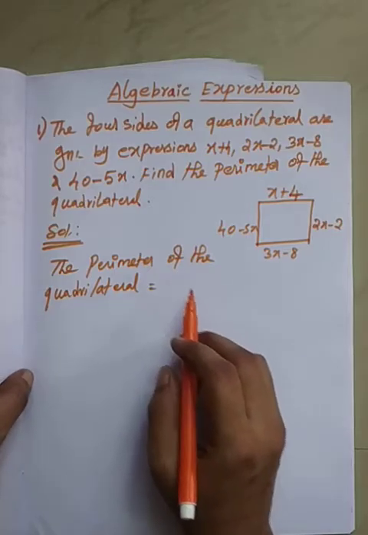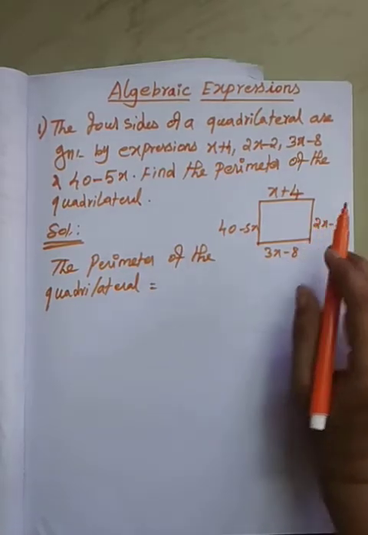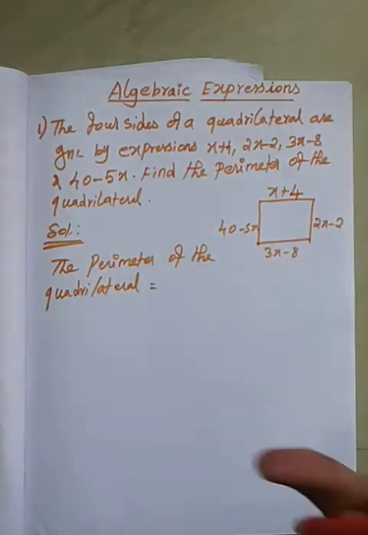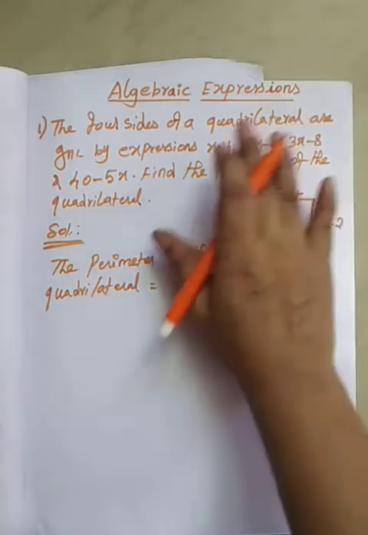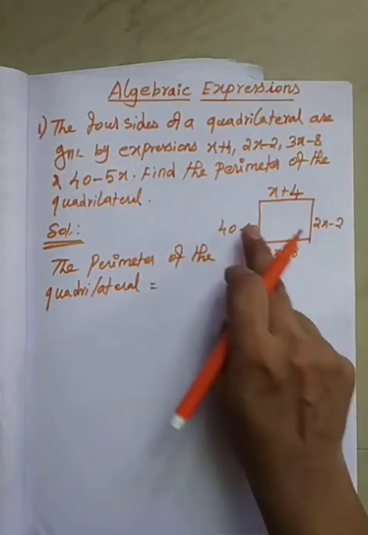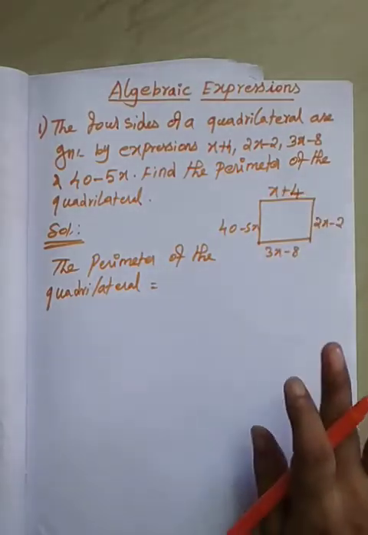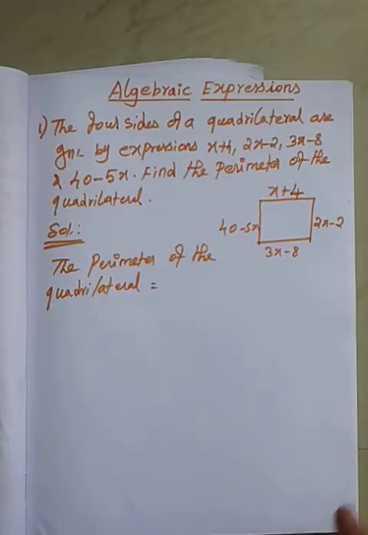See here, to find the perimeter of the quadrilateral, you have to add these 4 expressions. That is your answer. You add these 4 sides and you will get the solution.